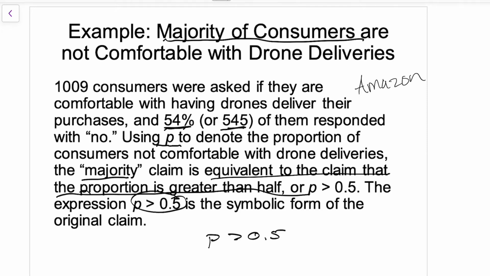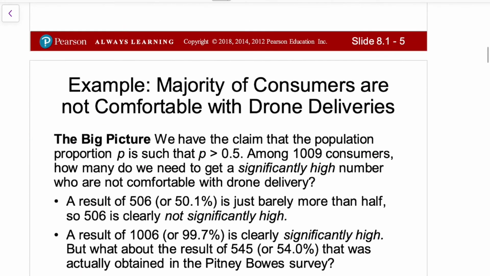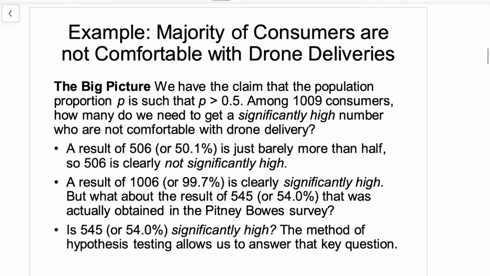This is our expression of our original claim, that the proportion of adults is greater than a half. And so what we're trying to understand is the big picture, that our claim is that the majority, the proportion P, of adults uncomfortable is greater than 0.5.